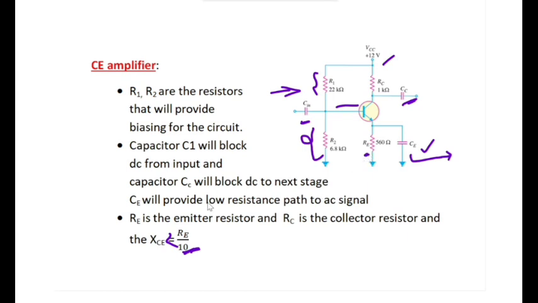So this will provide low reactance to the AC signal that is to be transferred to the output. This is all about the practical CE transistor amplifier, and we will see different setups from this practical CE amplifier: RC coupled, direct coupled, and transformer coupled. In all the cases we will use this practical setup.